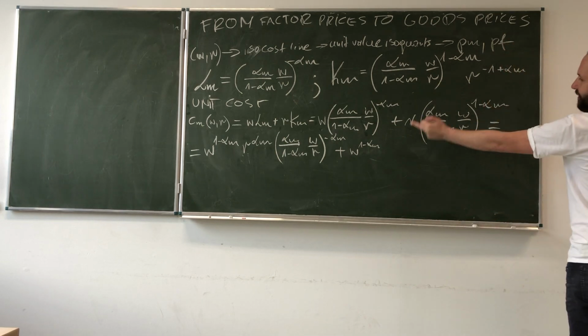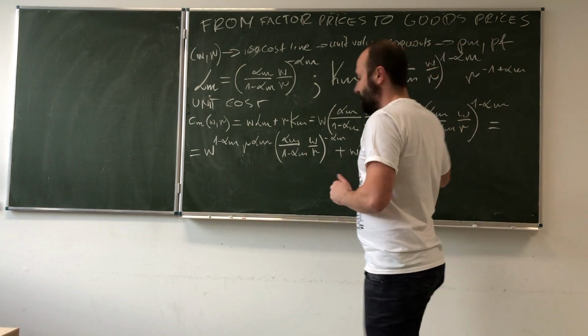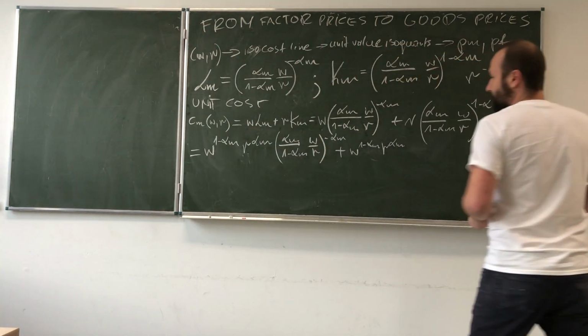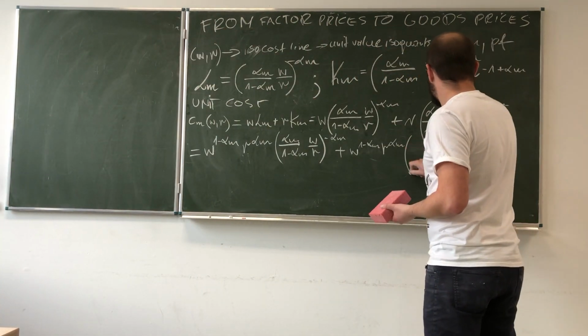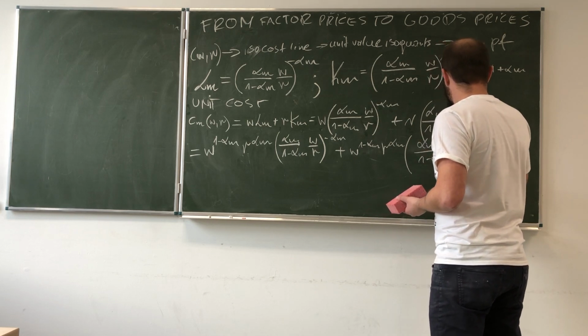Now, multiplied by r to the power of 1, I end up with r to the power alpha_m. Okay, and then let's just rewrite everything I've got left.